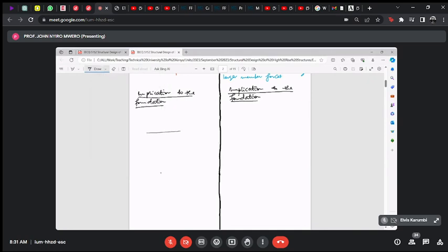If you have a foundation like that, in a column, carrying a column.